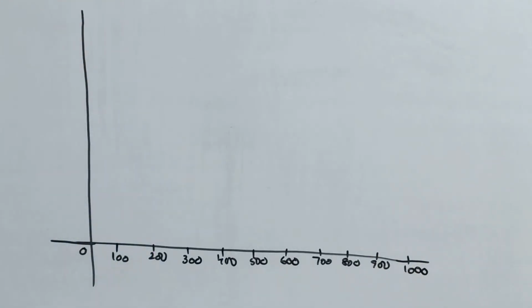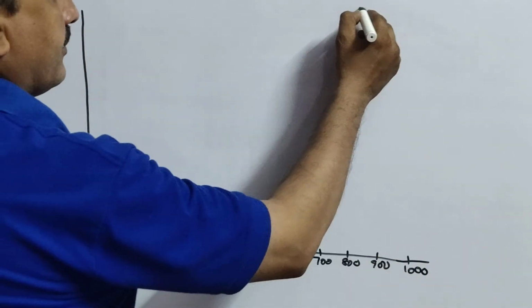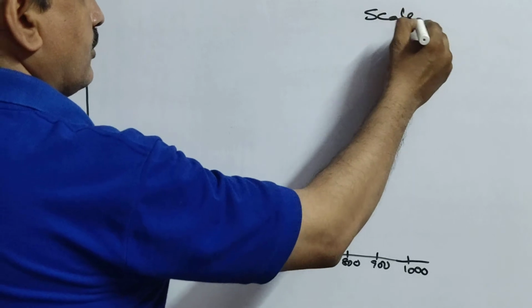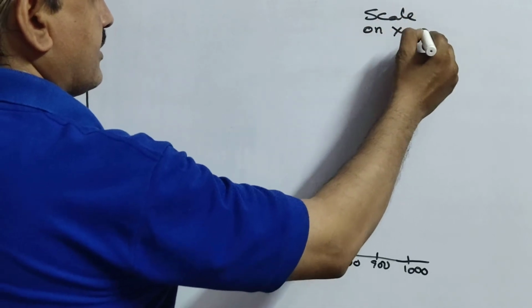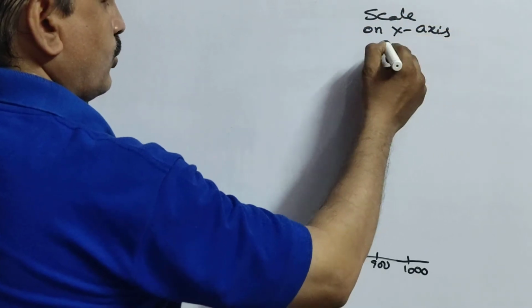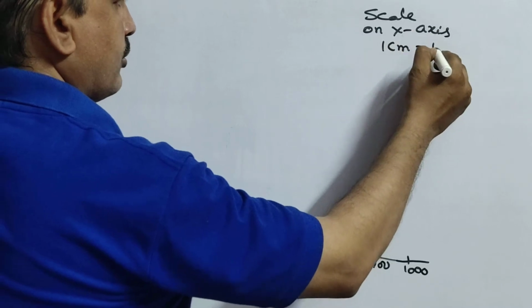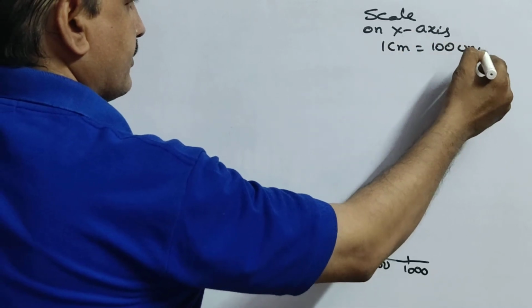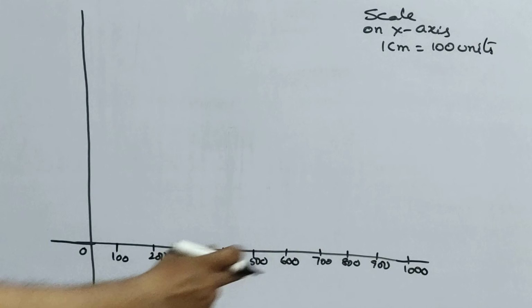Now the scale: on the x-axis, 1 centimeter equals 100 units. That means this is the x-axis.